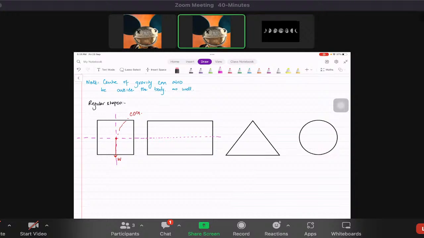Okay. So, Varisha, when you do this for the rectangle, you can also make the lines of symmetry. So the weight is here, and that is the center of gravity.